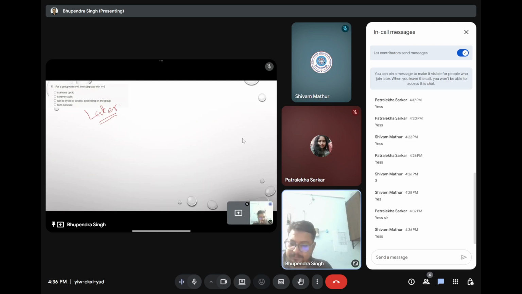Okay, for a group with h equal to 6, a subgroup with h equal to 3. What do you think, Patlekha and Shivam? What will be the answer?